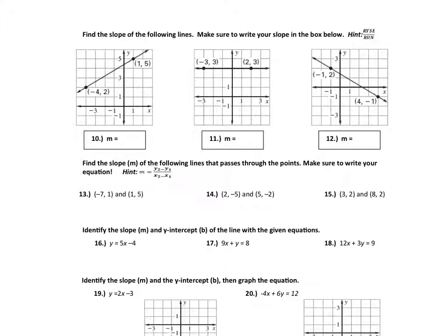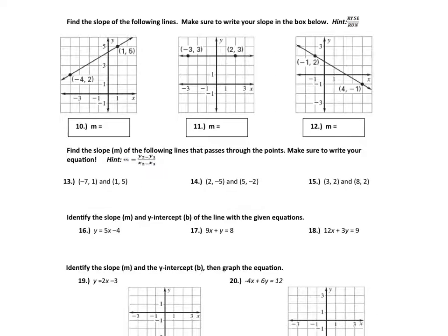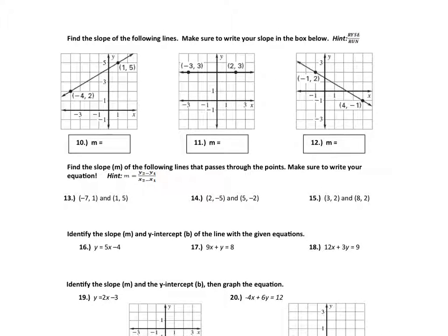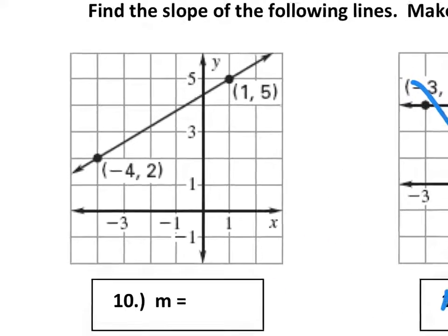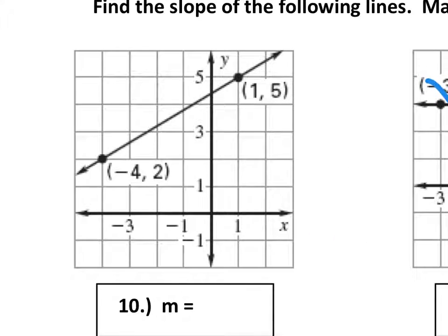Okay, we're going to skip number 11. All right, but we'll do 10 and 12. You got to find the slope. Remember, it's rise over run. So all you need to do, when they give you a picture like this, is you simply need to count, or excuse me, that's not right.